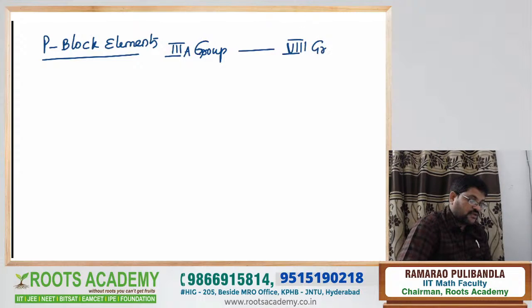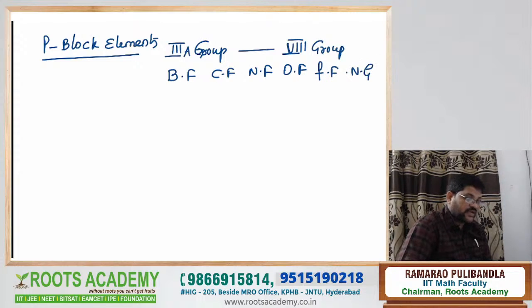That means the boron family, carbon family, nitrogen family, oxygen family, fluorine family, and noble gases are included in the P block elements.